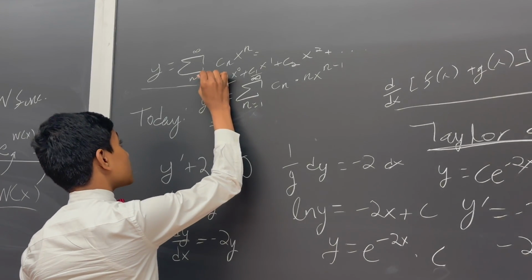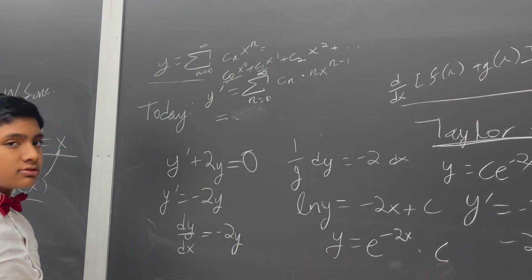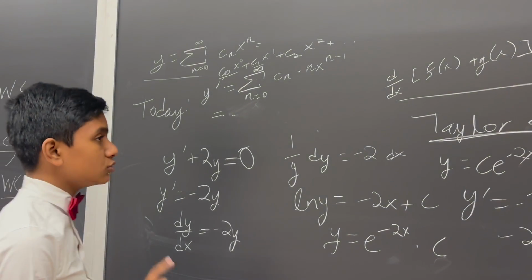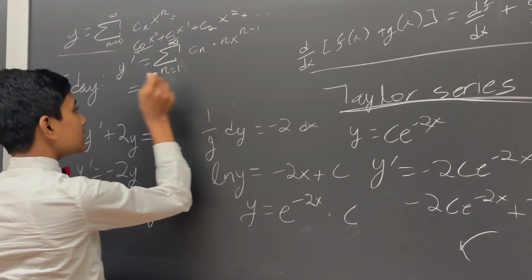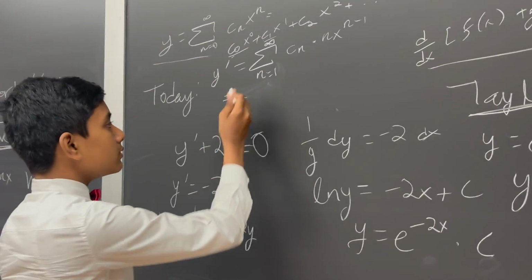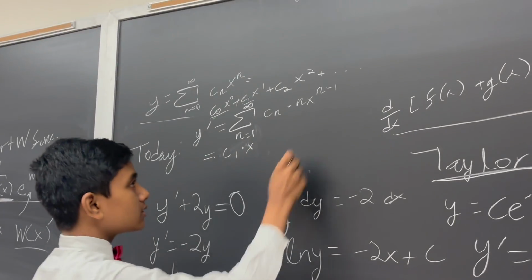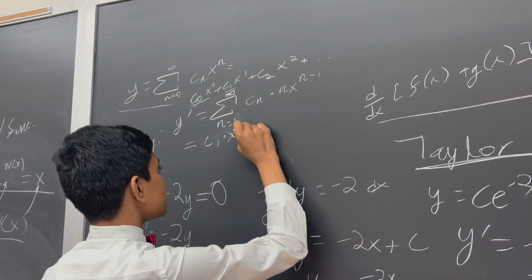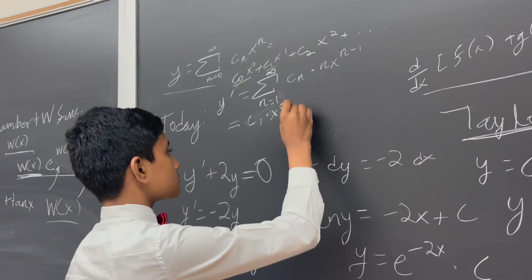By the way, I just realized I should add this. Sorry. So as soon as we take the derivative, since we're losing one term, this would actually no longer be 0. This would be 1. So we get C1 times x to the 1 minus 1, 0. All right, now let's move forward.